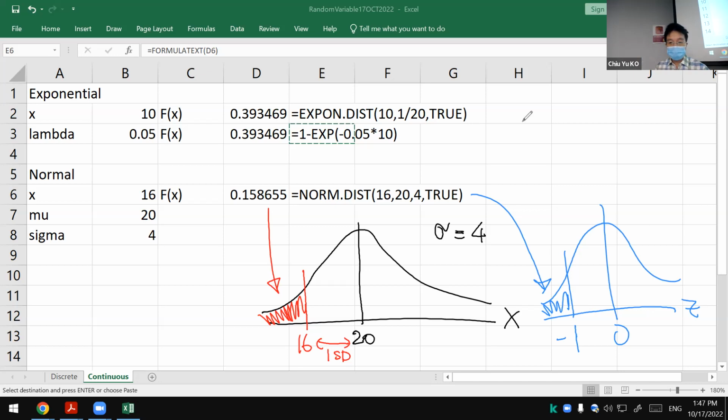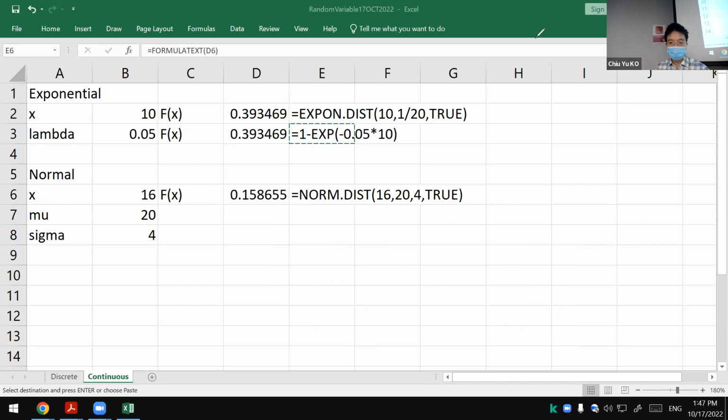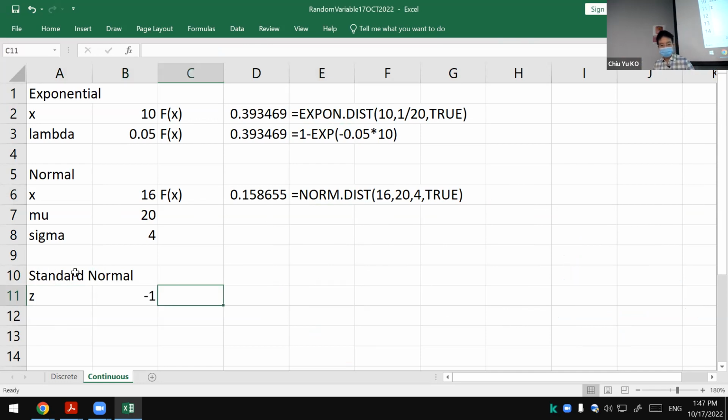So lastly, I want to show the standard normal, for our purpose. Standard normal, which is Z. It's just one number. We just use -1, because that is how you transform the 20 and 4. And F of z here is very similar.